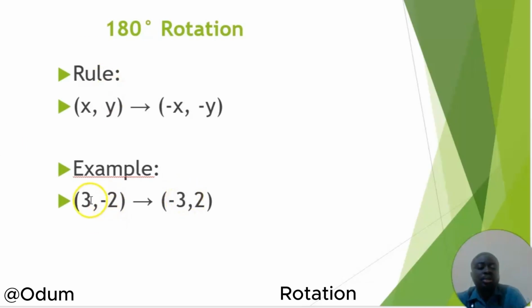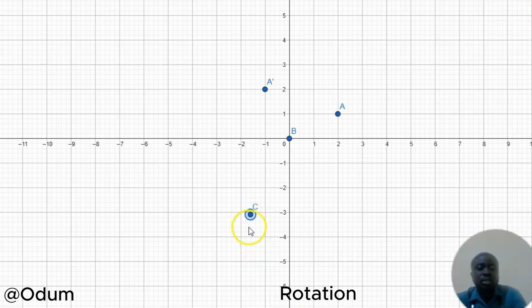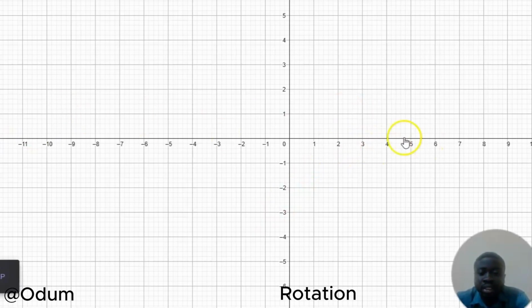So let's indicate this point, 3, minus 2, on our graph. So we have our 3, minus 2 here. Now let's see the rotation.